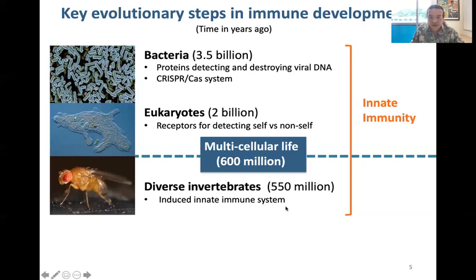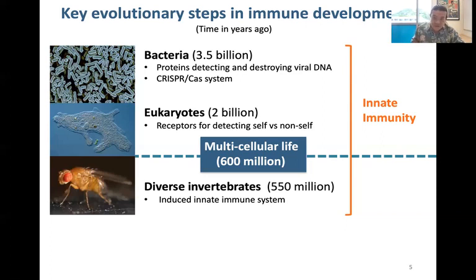And so that's when the induced innate immune system began to evolve, right? And to this day, our induced innate immune system is the call for backup, right? Macrophages that send out cytokines to recruit things like neutrophils.